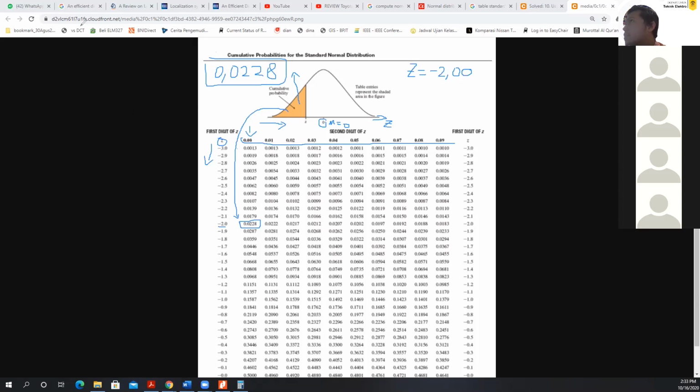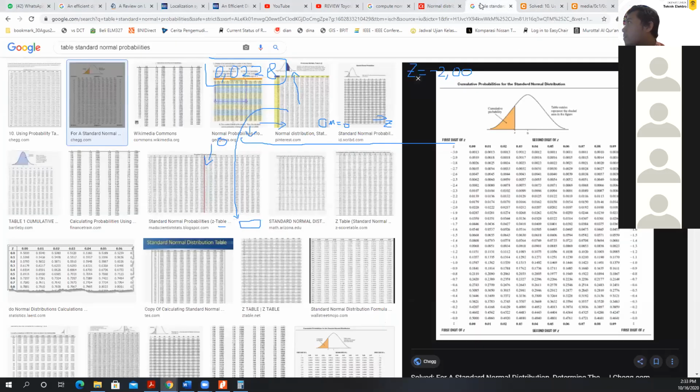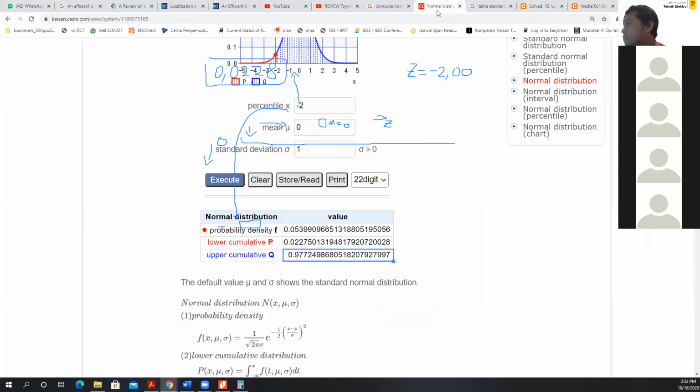This one should be the same as this one, right? 0.022, and rounding it up, we arrive at 0.0228.